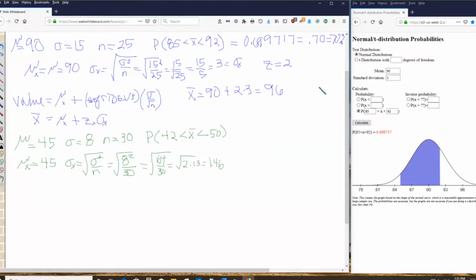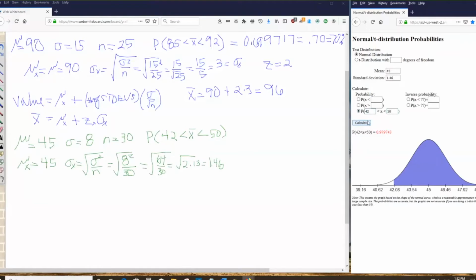Then I'm going to go to my online calculator, put in the mean, it's 45. The standard deviation is 1.46. And then I want to find the probability that x is between 42 and 50.